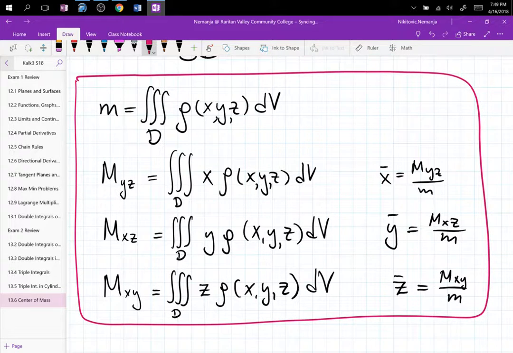So now, the situation will tell you whether it's a spherical integral, cylindrical integral, or rectangular integral, which again determines the differential: r dz dr d theta for cylindrical, or rho squared sine phi d rho d phi d theta for spherical, and so on.